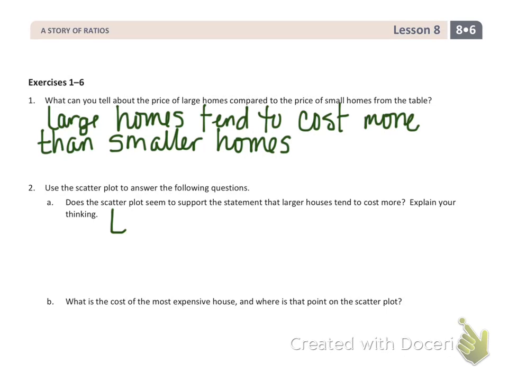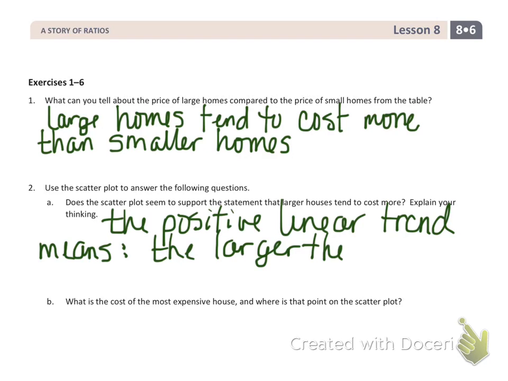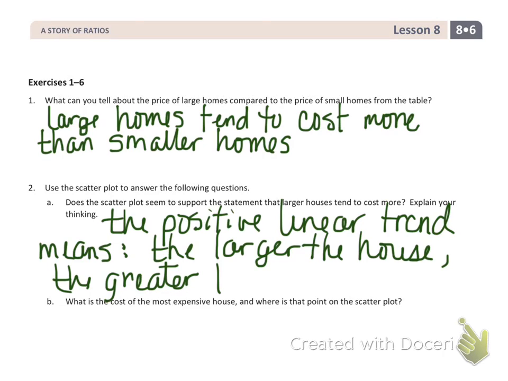And so we could say something like, positive linear trend means this: the larger the house, generally, the greater the price.